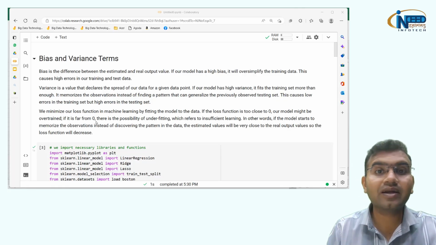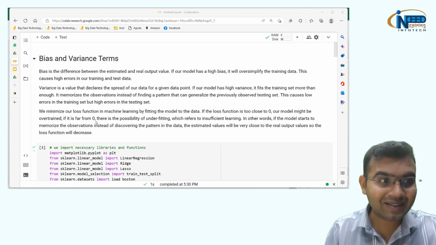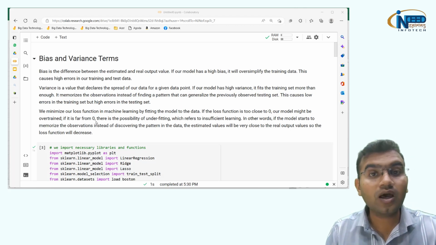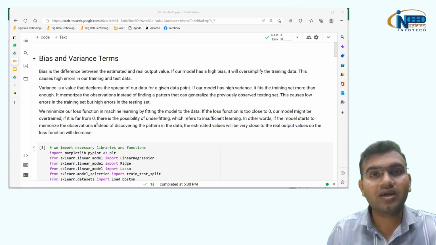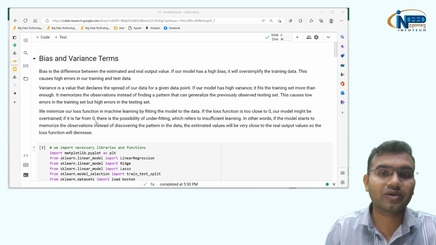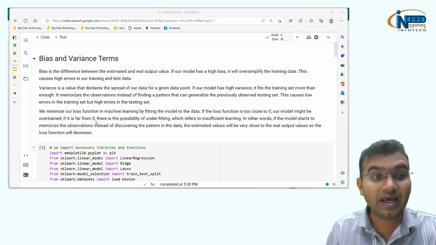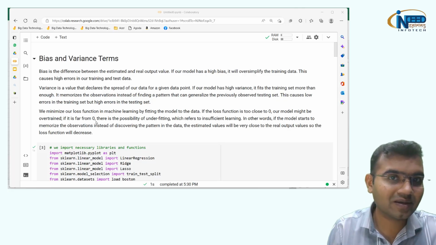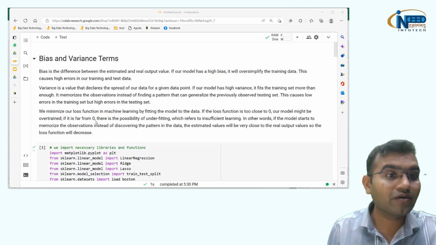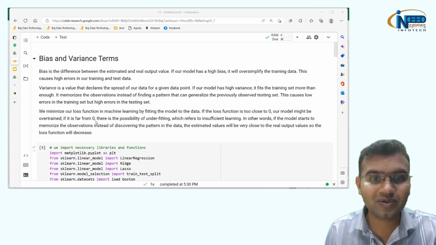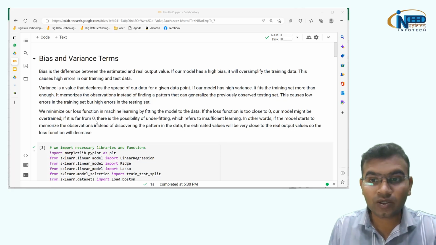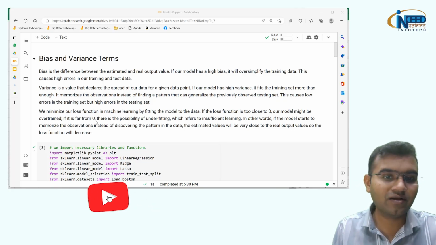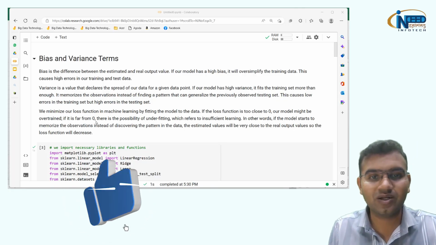Generalized model means that it is not memorizing from the training data, and it is not also giving a random guess by insufficient learning. So insufficient learning, bias, and memorizing means variance. High bias, insufficient learning; variance, over learning, so overfitting. So we want to save ourselves from these two basically losses.